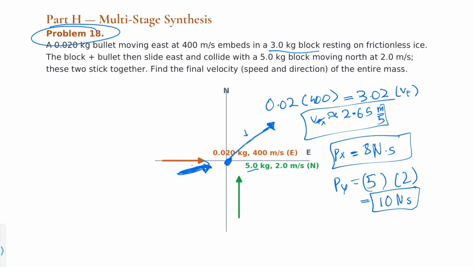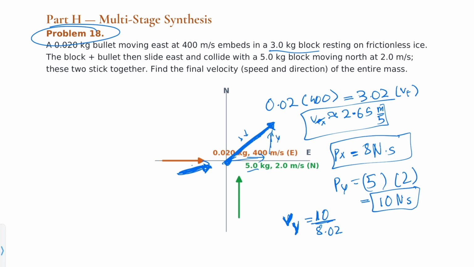So once the mass combines, it's going to have an x and a y velocity, right?